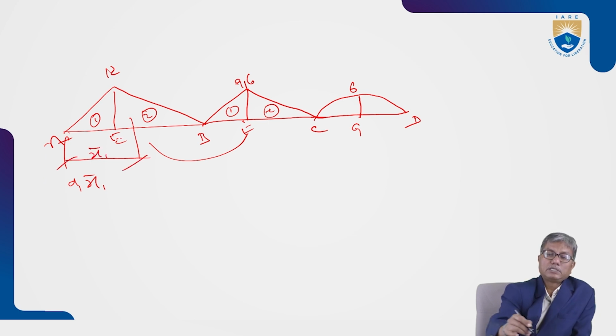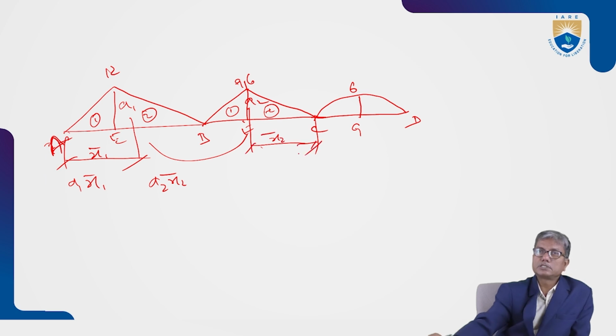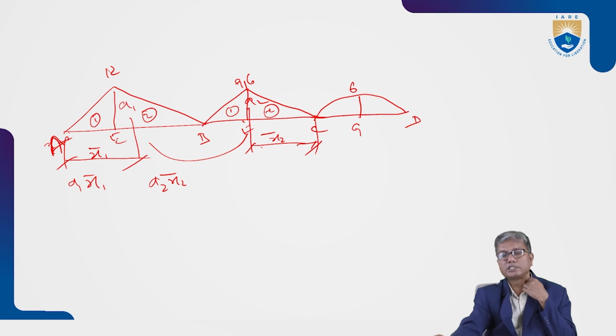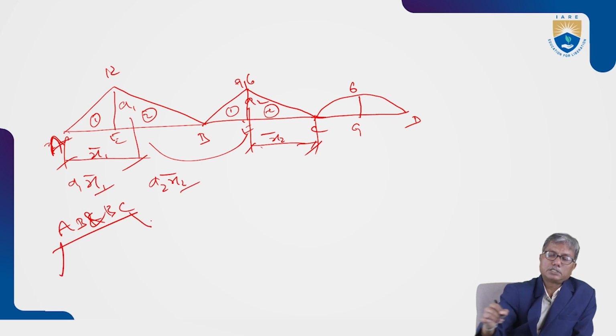Distance of centroid of area A1 from support A, that is important, from support A. And A2 x2 bar is the distance of centroid of area A2, and this distance is from support C. This is when we apply the three moments equation for spans AB and BC. So distances x1 bar and x2 bar are measured from A and C respectively.